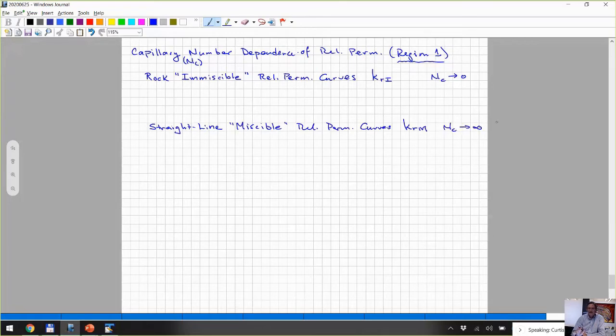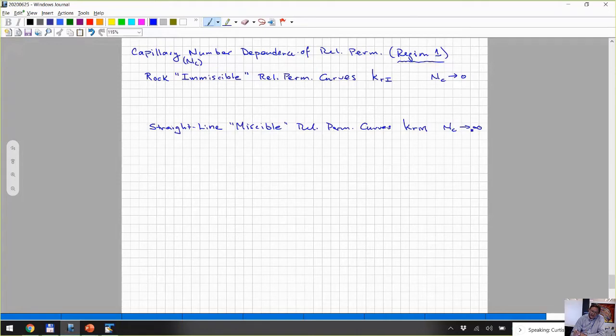That's basically the Darcy pressure drop through the core being so much larger, in terms of a force acting on the fluids, than the capillary forces of liquid trying to stick to the rock.